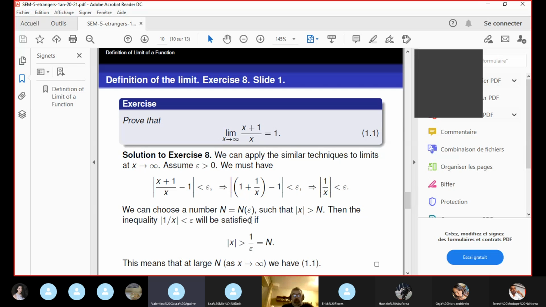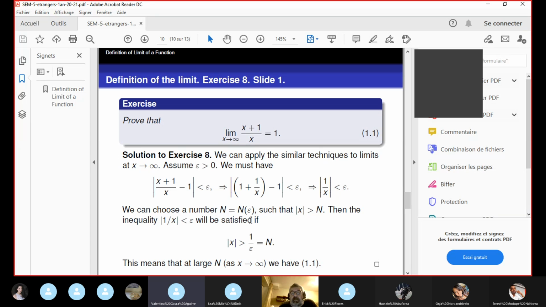Very good. So as in the previous exercises, we take epsilon greater than 0, and we have to prove the limit, which is already given. So we have to apply our definition. We want the absolute value of the difference x plus 1 over x minus 1 to be less than epsilon.